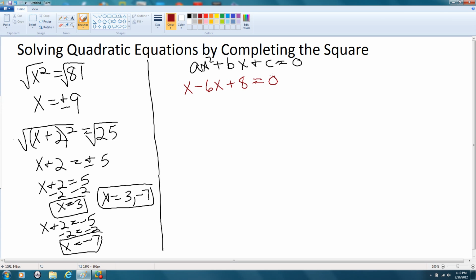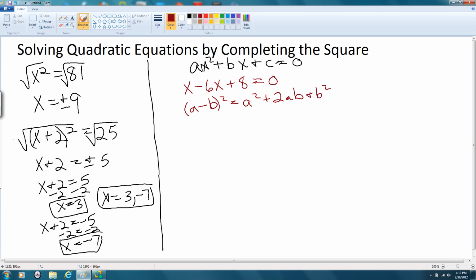What I want to do is get this in the form of something like, remember when we had a minus b squared, and that was a squared minus 2ab plus b squared?